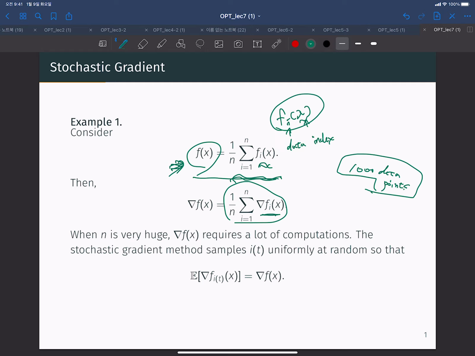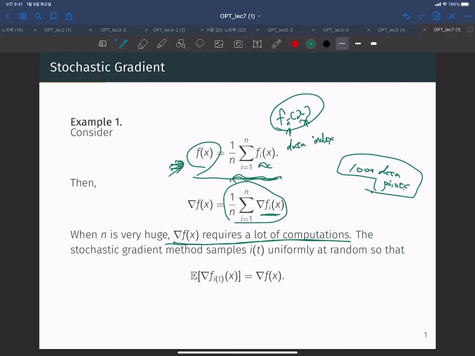But the problem is that recently we have millions or billions of data points. To calculate millions or billions of gradient vectors, one for each data point, we have to wait a lot of time. So that is not practical at all. We have to find some other approach. That is the problem of the pure or vanilla gradient descent algorithm.